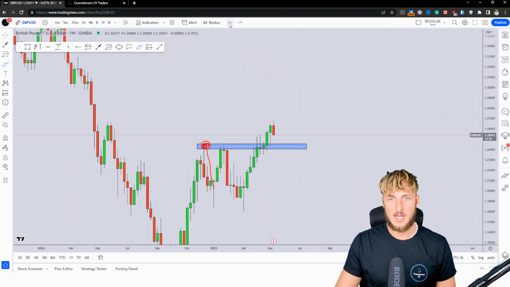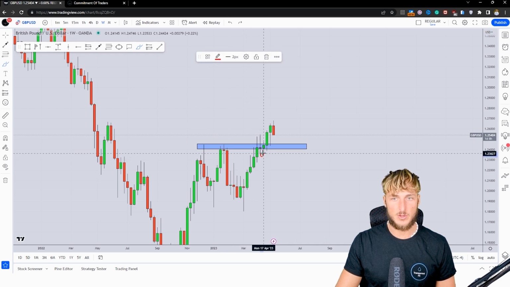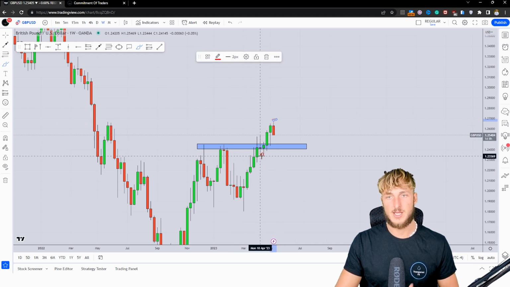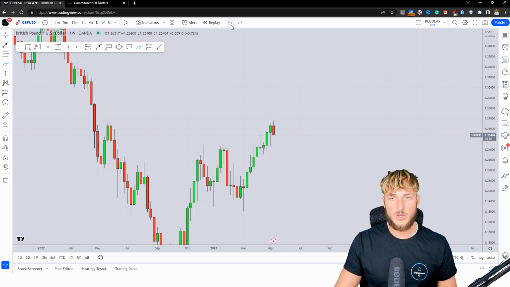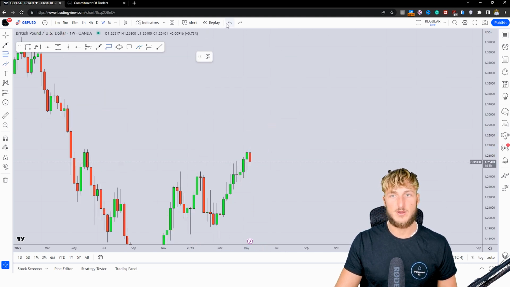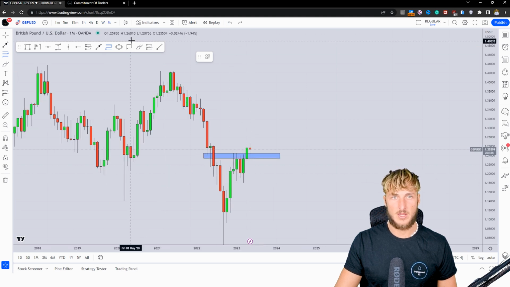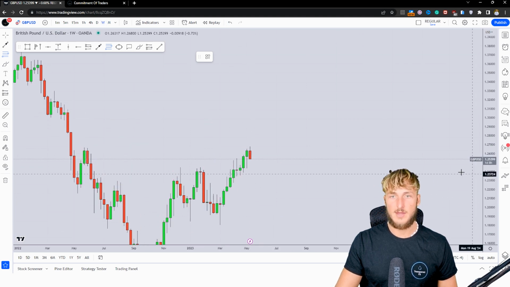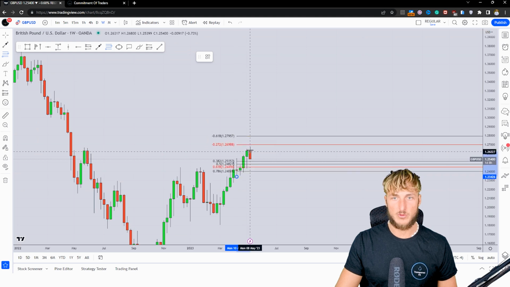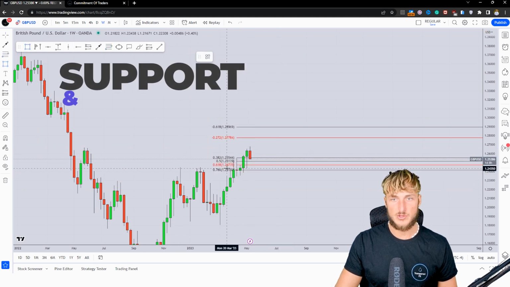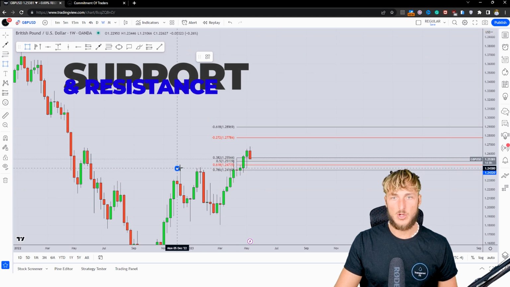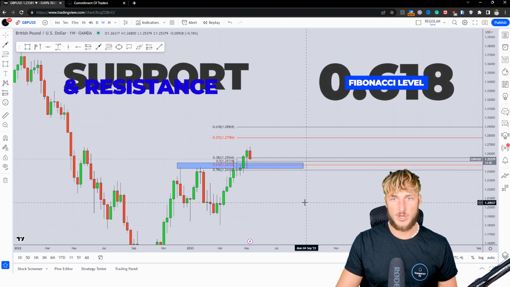We can also notice how in general, from here to here, we actually have an impulse. And if you have an impulse and you want to measure the correction, what you have to do is take your Fibonacci from the low to the high of the impulse leg. So essentially, if we take our Fibonacci here from this low to this high, what we can see is that exactly where we have this previous resistance turn support, we also have the 0.618 Fibonacci retracement.